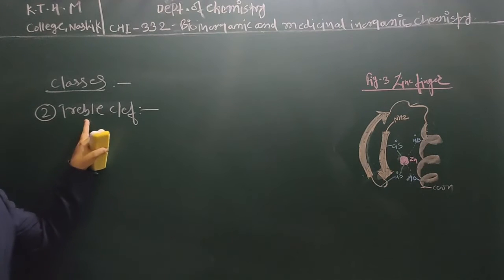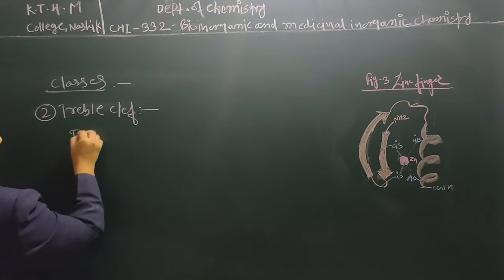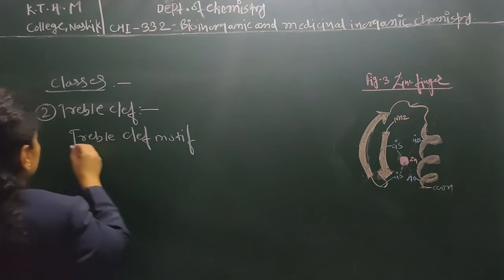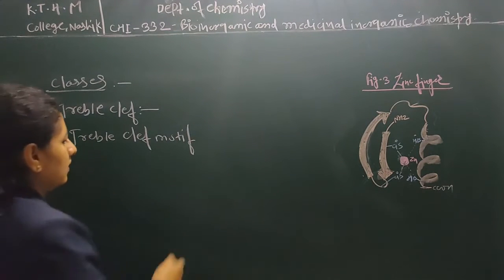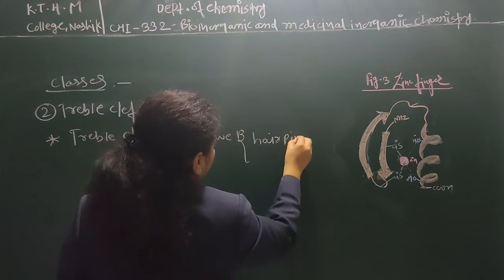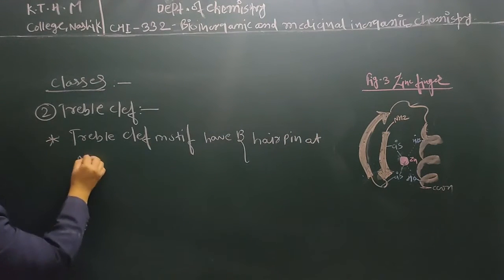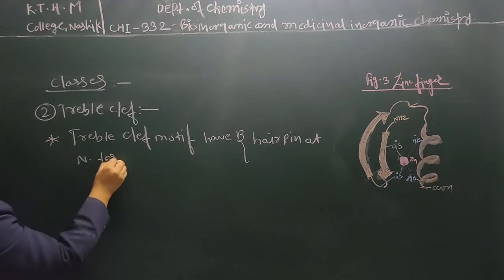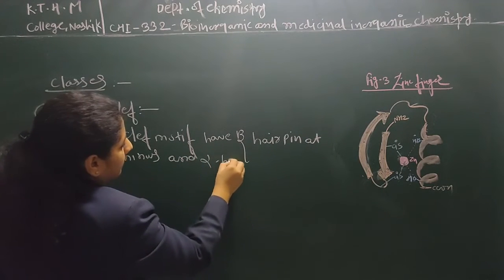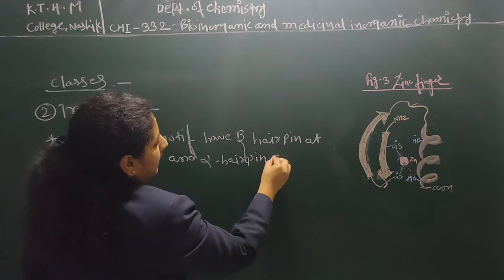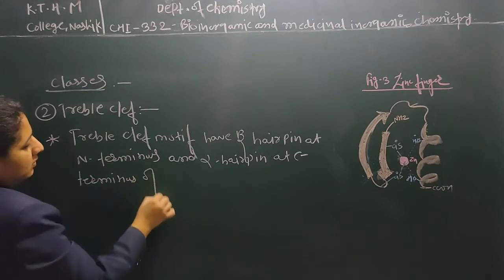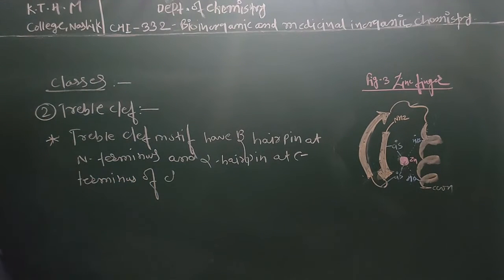Now in treble clef, treble clef motifs have a beta hairpin at the N terminus and alpha hairpin at the C terminus of the peptide chain or the alpha helix.